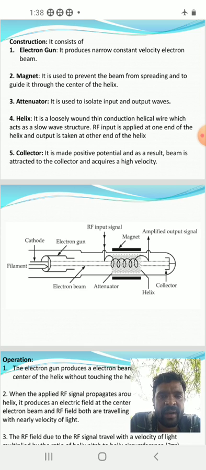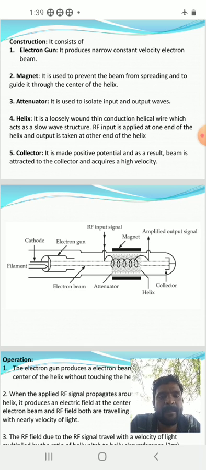The magnet is used to prevent beam spreading. The attenuator is used for isolation of the input and output signal waves. The helix is a helical wire which keeps the electron beam in the center position, and acts as a slow wave structure.